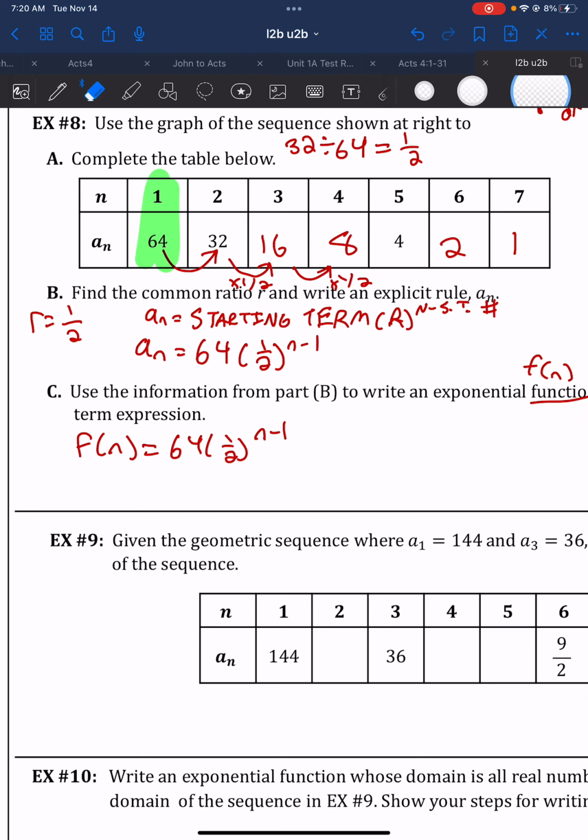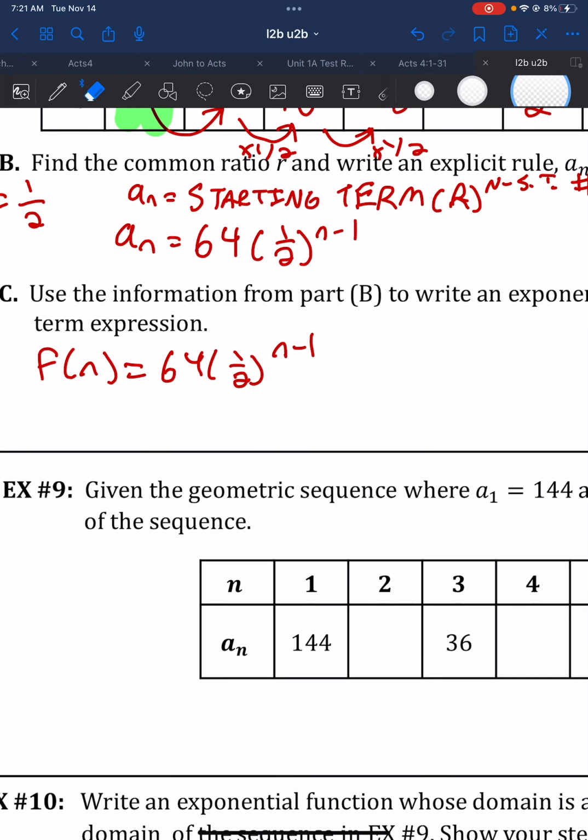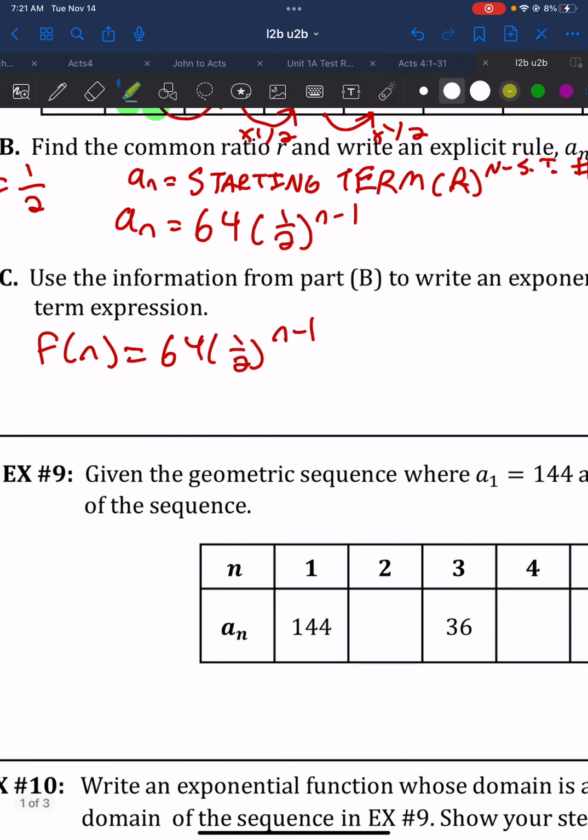And then what I'm going to do is use this expression right here to rewrite this. Okay, here's how I do that. Let's break it apart piece by piece. F of n equals 64. And remember, with exponents, when you multiply, you add. So n minus 1 can be written as n times the negative 1.